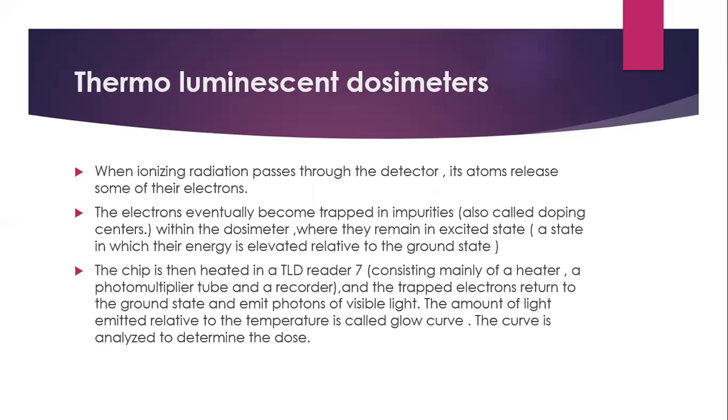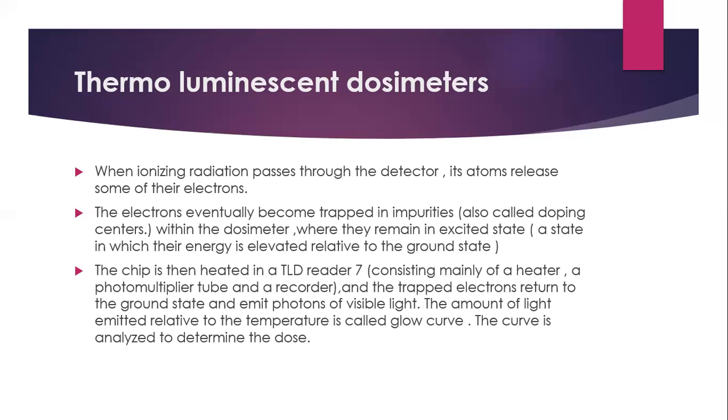Thermoluminescent dosimeters. We can say that this is the major type of dosimeter. When ionizing radiation passes through the detector, its atoms release some of their electrons in the case of thermoluminescent dosimeters. The electrons eventually become trapped in impurities, which are also called doping centers, within the dosimeter, where they remain in an excited state, a state in which their energy is elevated relative to the ground state.